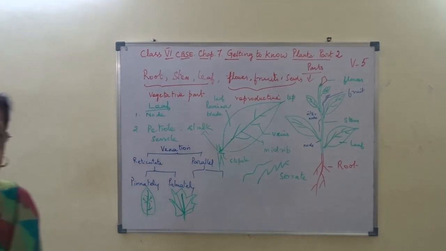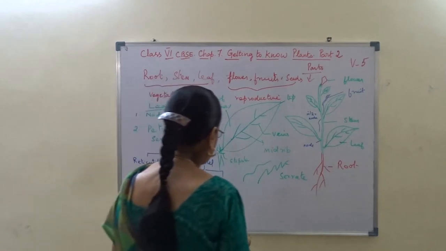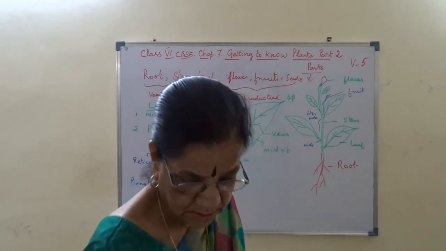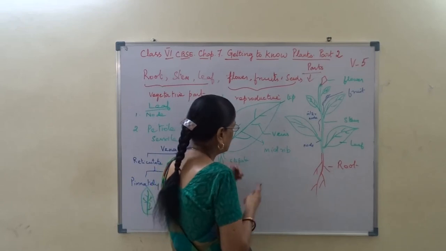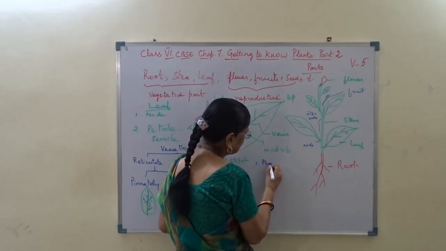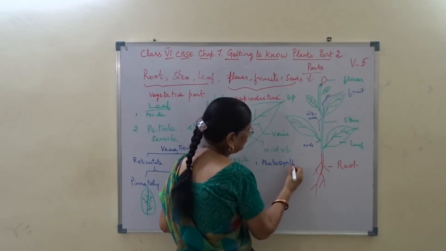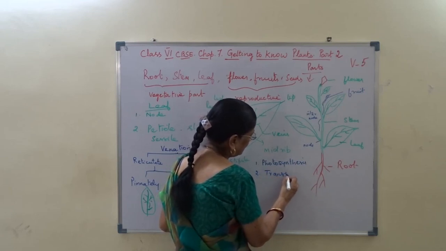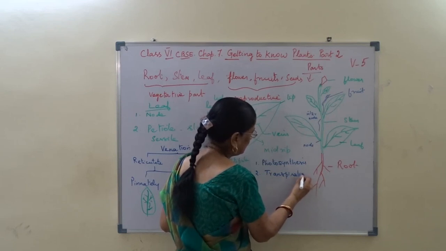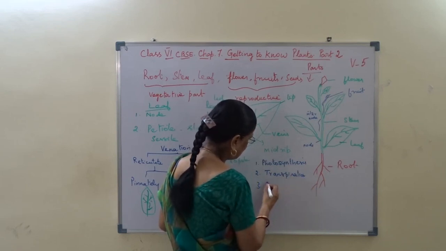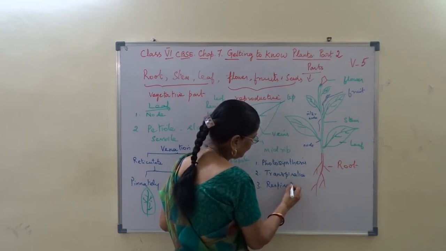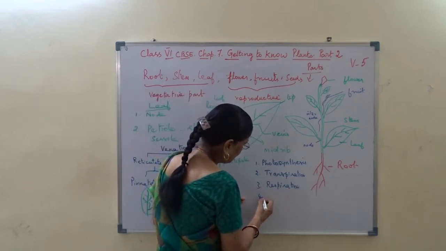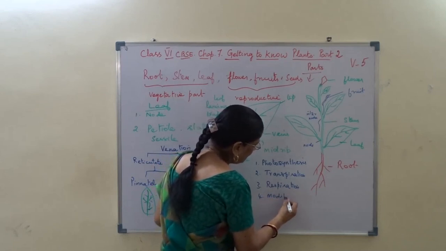The main function is photosynthesis. Functions of the leaf: one is photosynthesis, second is transpiration, third is respiration, and fourth, some leaves are modified.